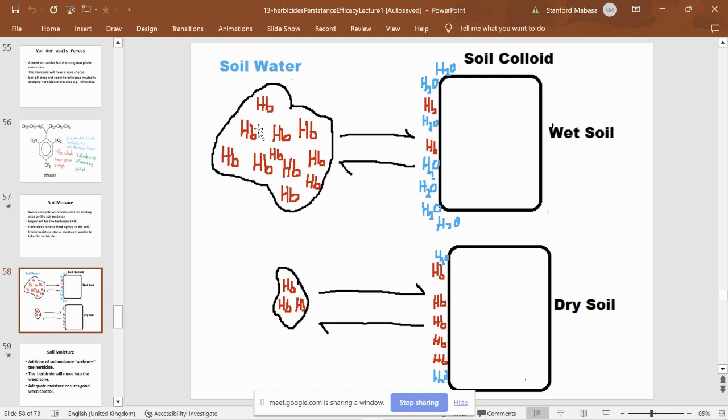It can be a bit tricky to understand, but if you know that under wet conditions you have more water molecules being attracted by the clay surfaces, therefore releasing the herbicide into the solution. But the opposite happens under dry conditions where you have more of the herbicide surrounding the dry soil.